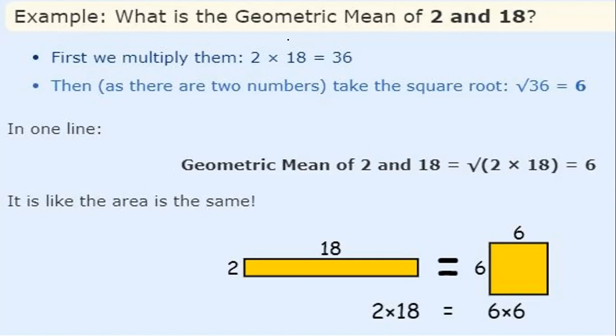So obviously any measure of central tendency will have its value greater than the smallest observation in the data and smaller than the largest observation in the data. So here the geometric mean must be larger than 2, smaller than 18, and thus it cannot be minus 6. So that is my justification.